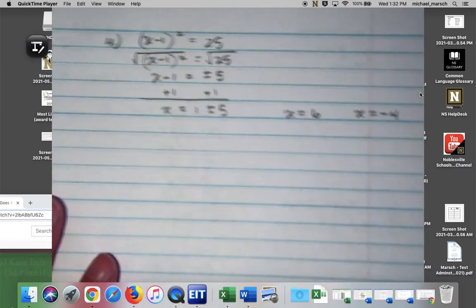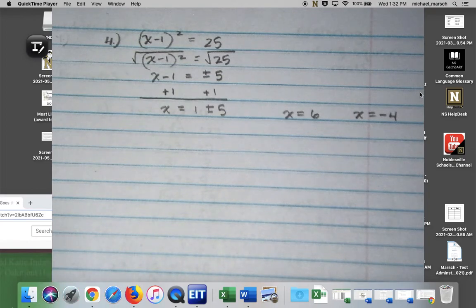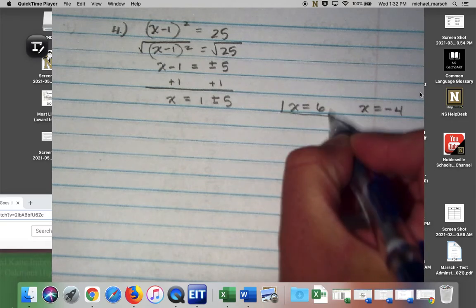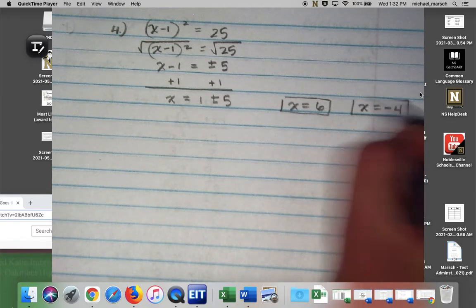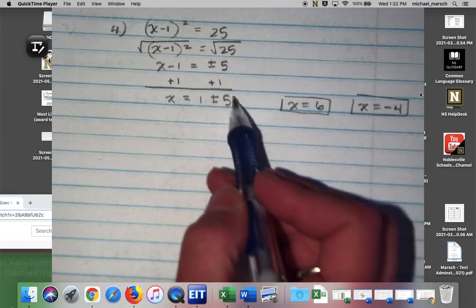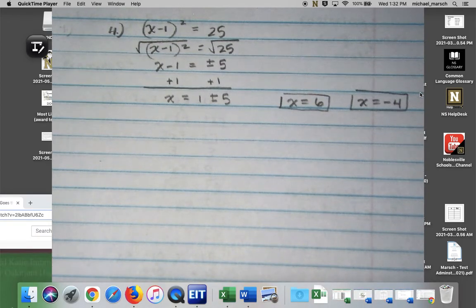Who can tell me how I got those two values? Chase. When you add 1 to positive 5, you get 6. When you add 1 to negative 5, you get negative 4. Perfect. So you actually have to work and figure out what is 1 plus 5, what is 1 minus 5. And those will be your x-intercepts for that parabola that we would draw on a graph.